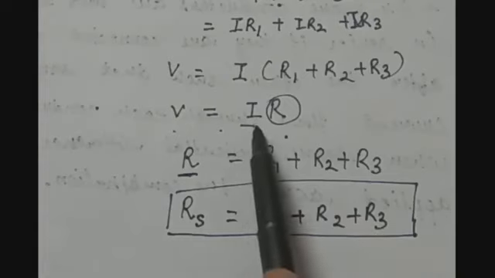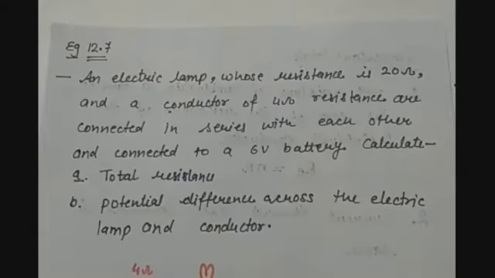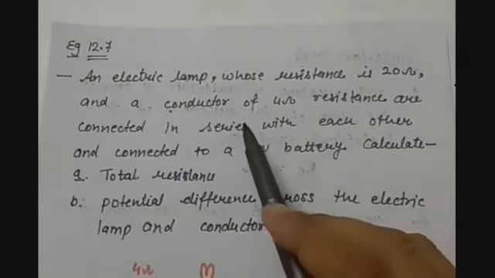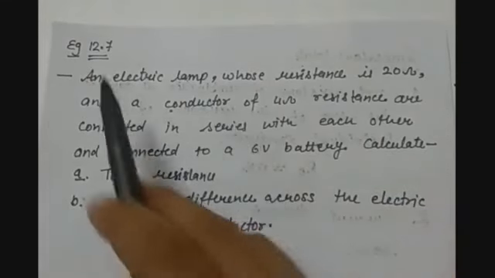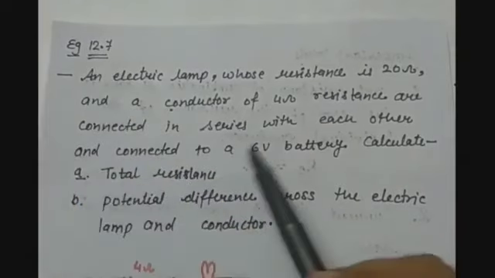Let us solve one example, then you will understand how to calculate RS, or if RS is given, or R1, R2, R3 are given and we have to find I or V. Let us see one example. This is one of the examples of your NCERT book, example number 12.7.